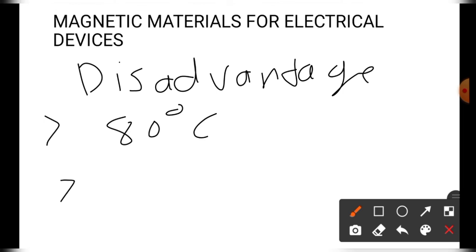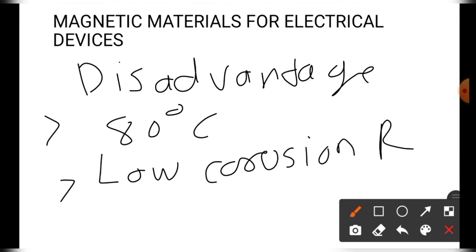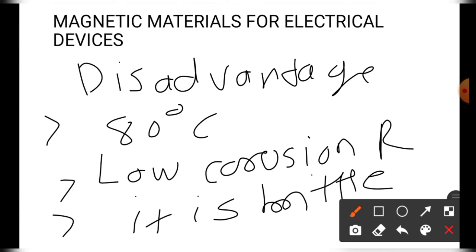Second disadvantage is low corrosion resistance. And third disadvantage is it is brittle. These are the disadvantages of the neodymium magnet.